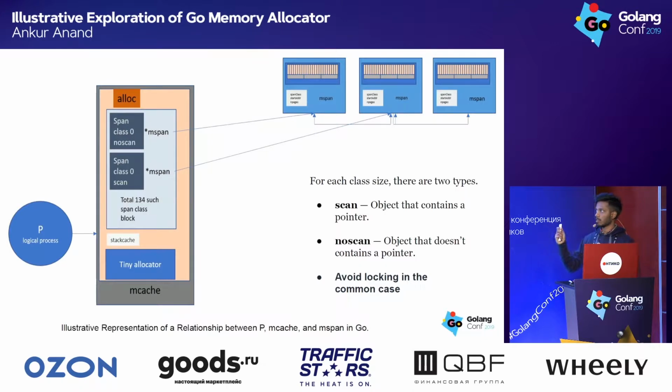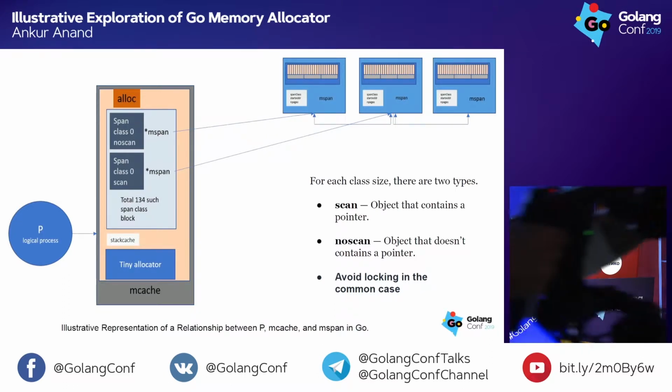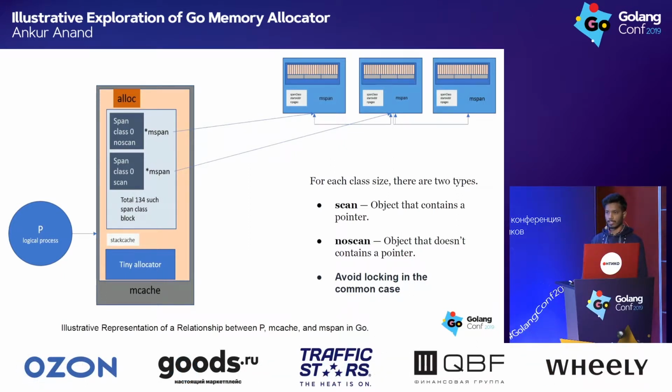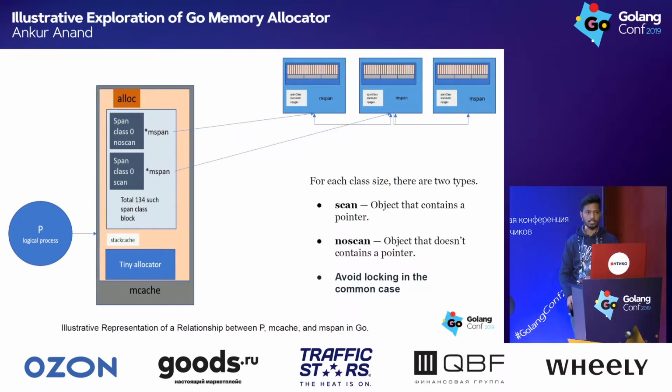Also, for each mcache, for each size class, we have two structures: a noscan and a scan. What it means in the real world is, if the object does not contain a pointer, it will go to the noscan class, and if it contains a pointer, it will go to the scan class.